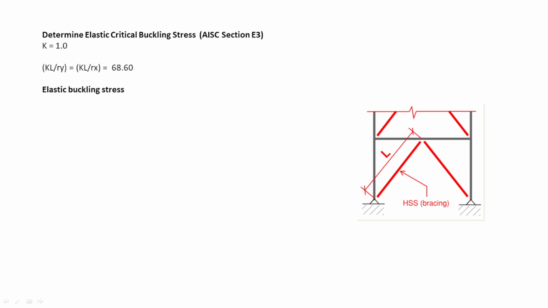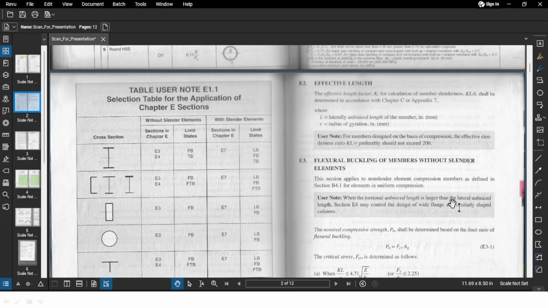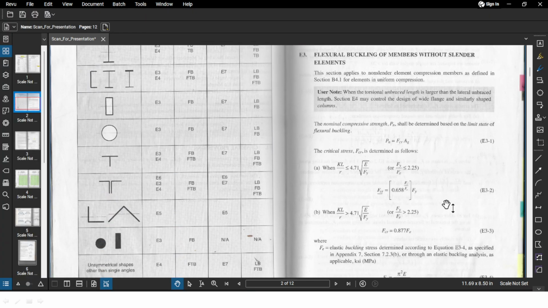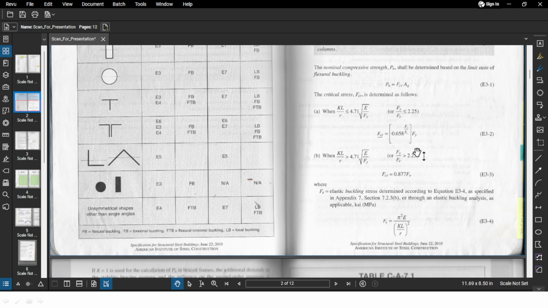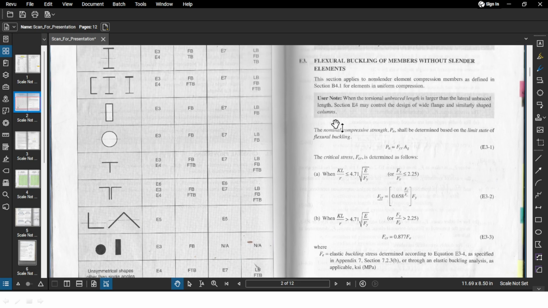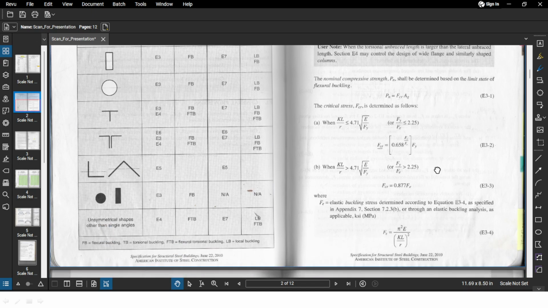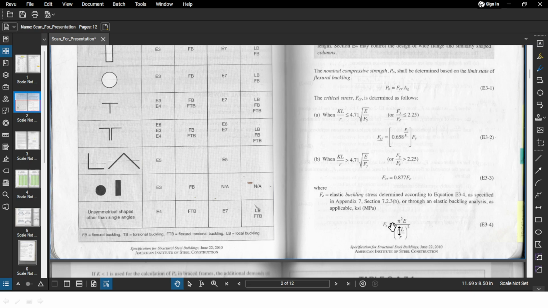In the table, we have all the formulas that we are going to use to determine the design strength and the allowable strength. That is under Section E3 of the AISC manual. These are the formulas.